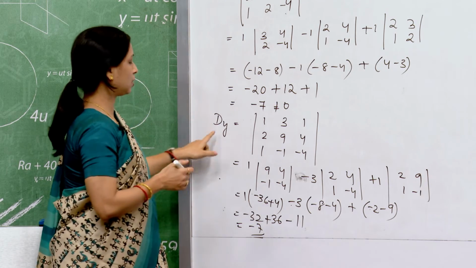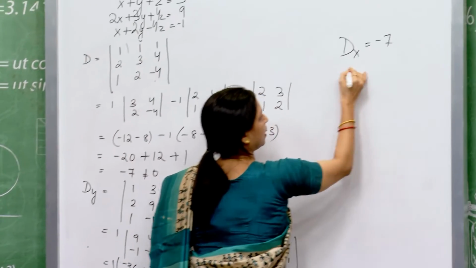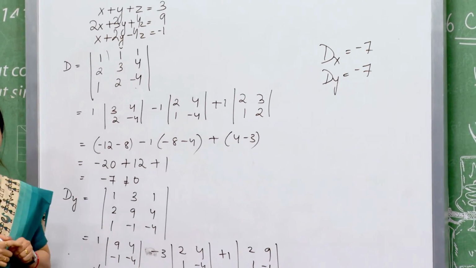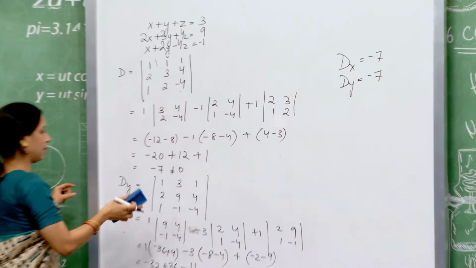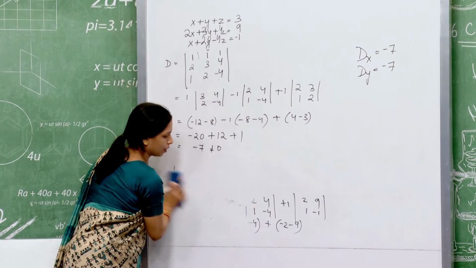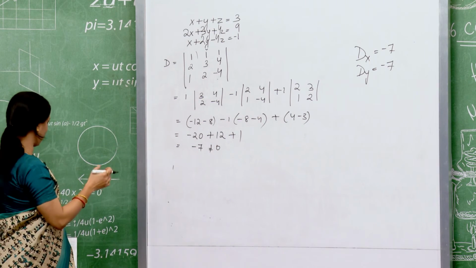Okay. Now, so now we have got so far two values. So, dx value is minus 7, dy value is minus 7, right. Now, we have to find out dz. Again the same series of steps we have to follow. We have to substitute the coefficient of z with the known values.